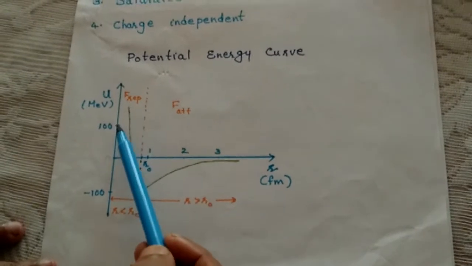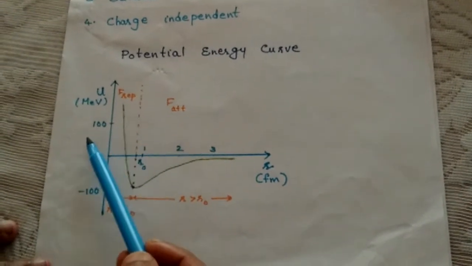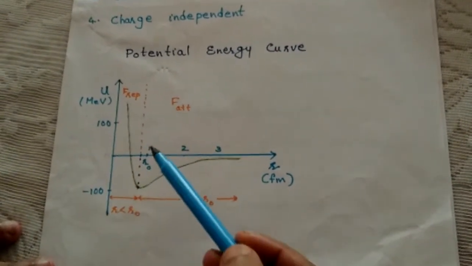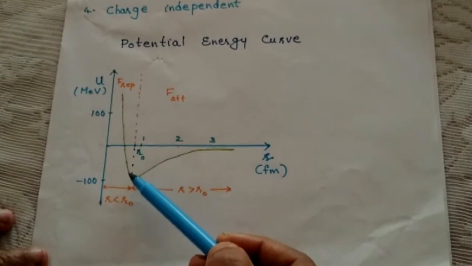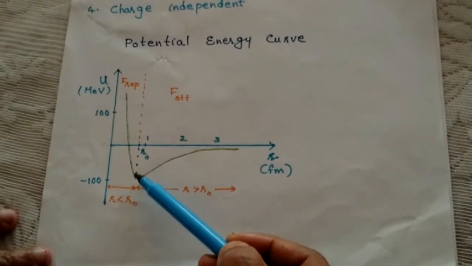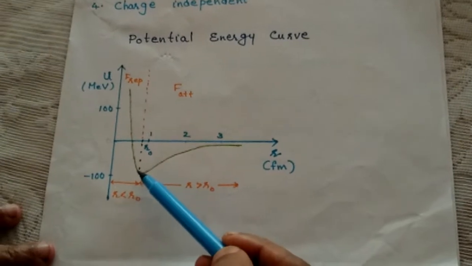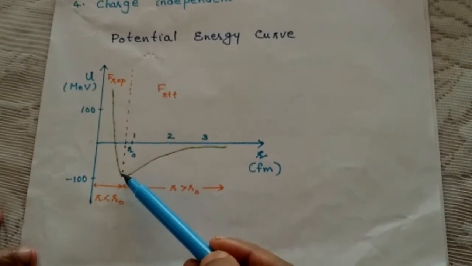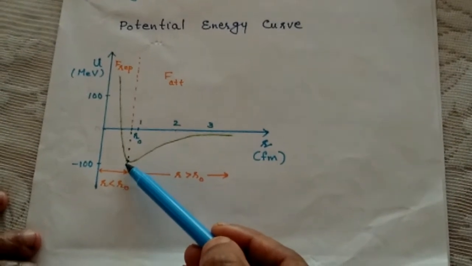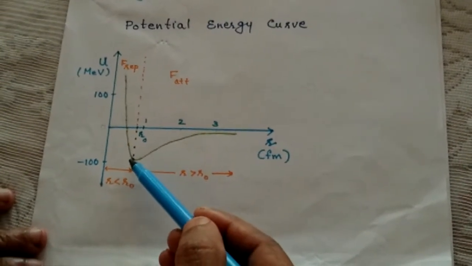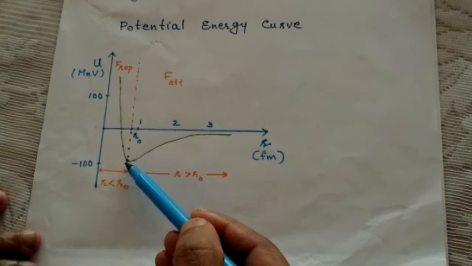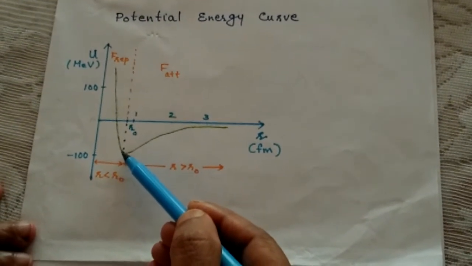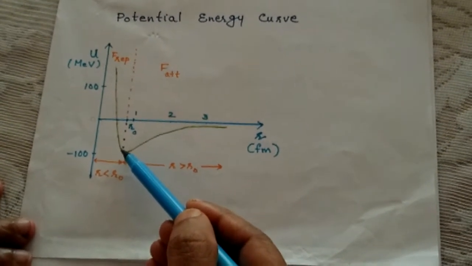And if the potential energy is positive, the force is repulsive. Here R0 is the equilibrium separation between 2 nucleons. Here the potential energy is maximum negative, or we can say the potential energy is minimum. And here the nuclear force is maximum attractive. And this is the equilibrium distance between 2 nucleons.